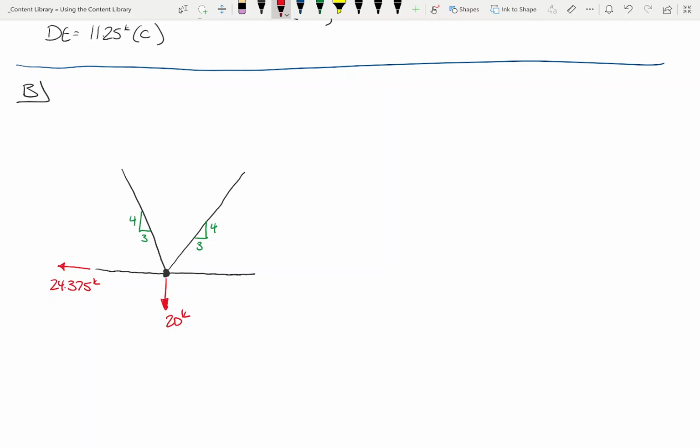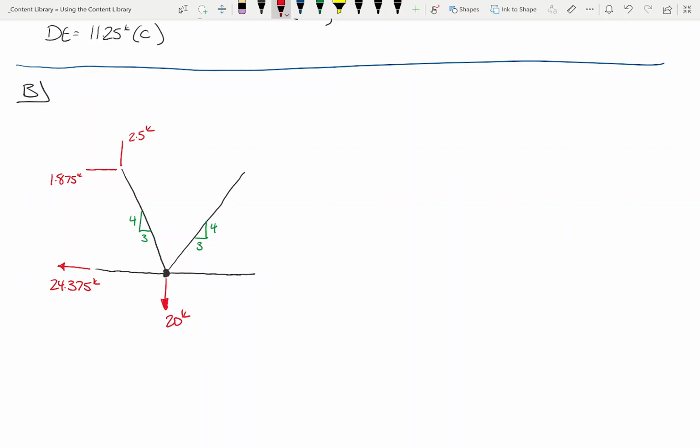All right. What about vertical and horizontal right here? Do I know those? What's the vertical? What about the horizontal? Okay. Do I know, was it tension or compression? That one was compression?